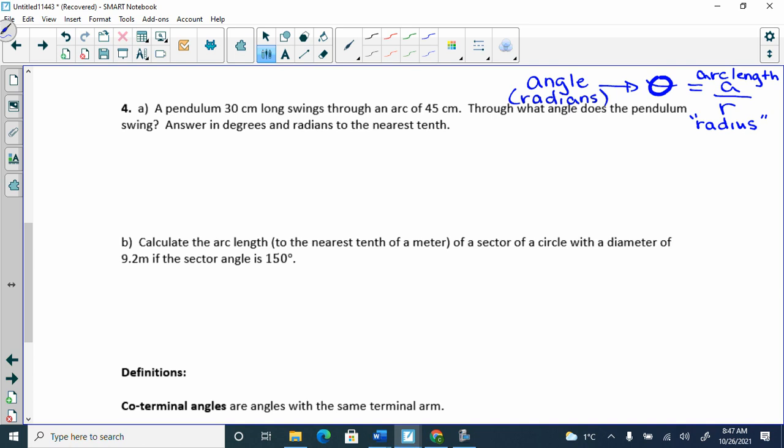So we have a pendulum, 30 centimeters long. It swings through an arc of 45 centimeters. Through what angle does the pendulum swing? So, my radius is what? It's 30.